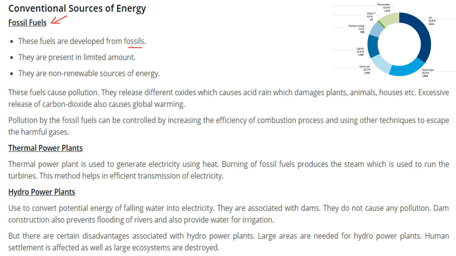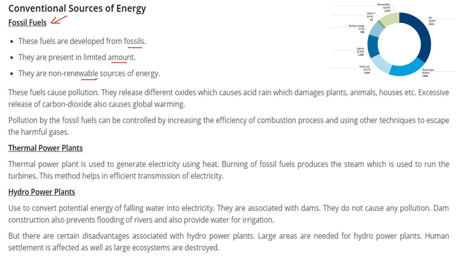And because of the temperature, humidity, pressure, these organisms, these flora and fauna, have changed to fossils. They are present in limited amount. Only limited amount is there, so they are going to vanish sometime. And they are non-renewable source of energy. That means if you use it, we cannot regenerate it.